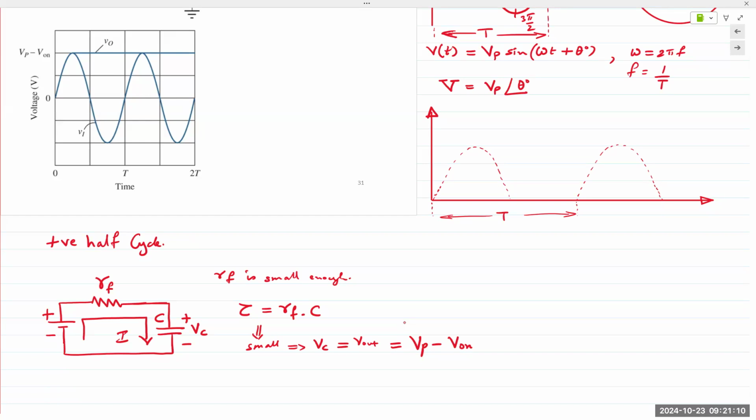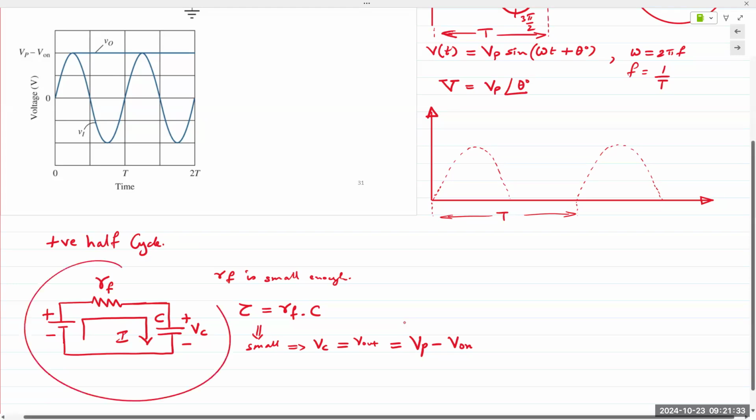All right, 10-second pause. Let me know if you have any questions. So far, so good. So in the positive half cycle, capacitor charges through the diode.